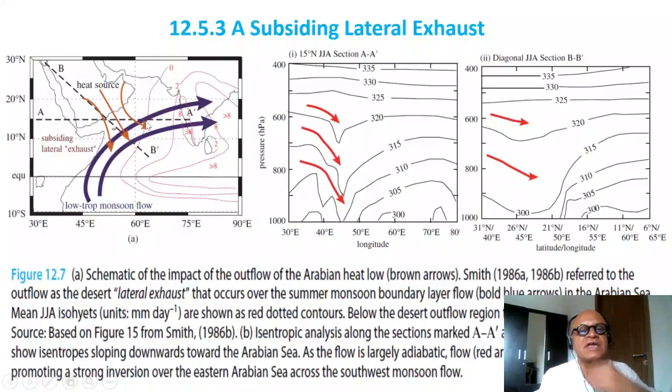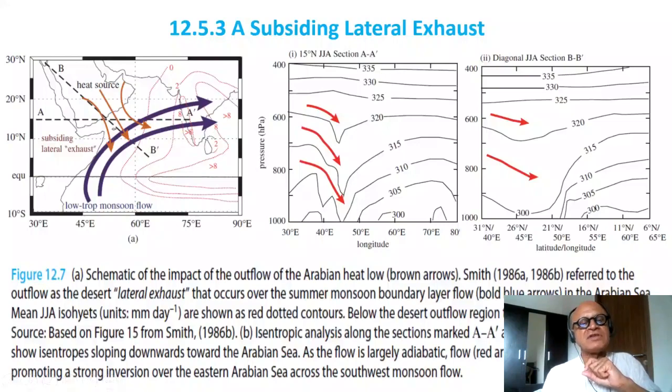Okay, so this has a huge impact in terms of creating cloudiness here and trapping moisture, and in fact reducing rainfall, so that you have more of the moisture going in this direction. If it rains over here, obviously you're going to lose some of the moisture, whereas this dry hot air that's laterally exhausting into this monsoon dynamic region is actually modifying the Western Arabian Sea and making it drier and enhancing the moisture supply into the monsoon zone.